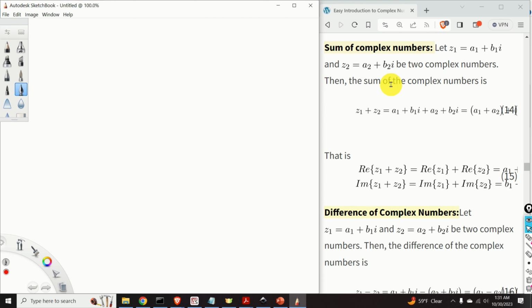Next, let's learn how to compute sums of complex numbers. Let z1 equal a1 plus b1i be the first complex number and z2 equal to a2 plus b2i be the second complex number. When you see something like z1 plus z2, you should interpret it like this. You can simply add these two numbers.